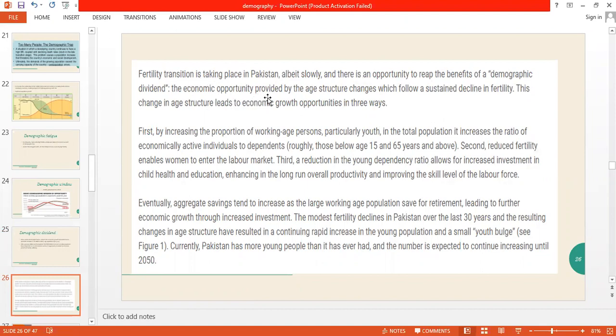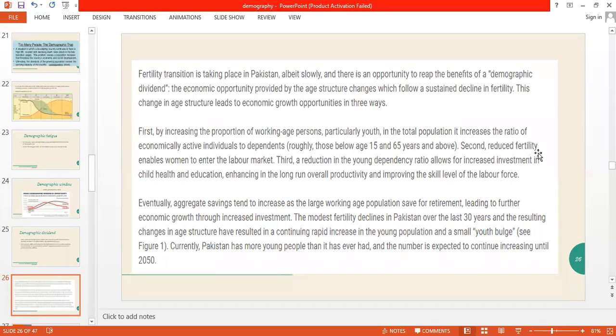The economic opportunity is provided by the age structure which follows a sustained decline in fertility. This change in age structure leads to economic growth opportunities in three ways. First, by increasing the proportion of working age persons, particularly youth, in the total population, it increases the ratio of economically active individuals to dependents, roughly between the ages of 15 and 65.